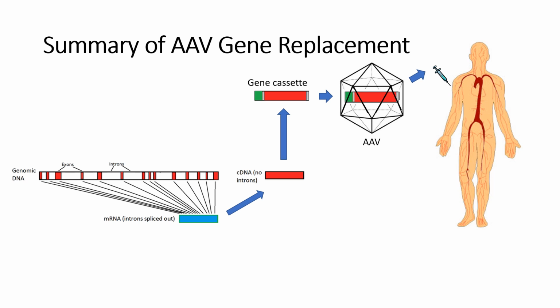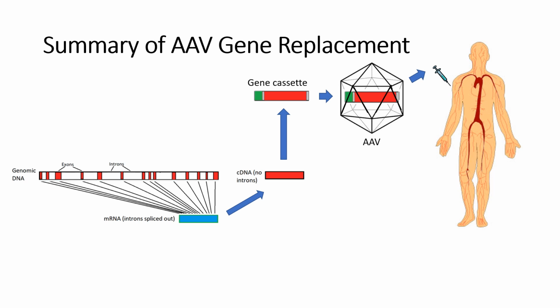Okay, so to summarize, you take the DNA for the naturally occurring gene, splice together all of the exons, put it in a compact form, add the promoter and the other stretches of DNA, put it into an AAV, and then you can, in most cases, just inject that into a person's bloodstream.